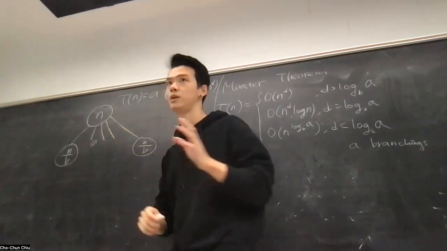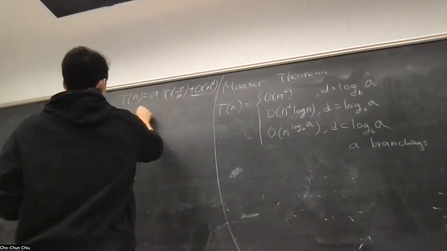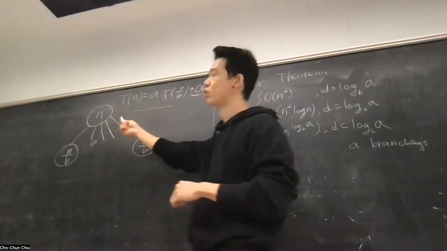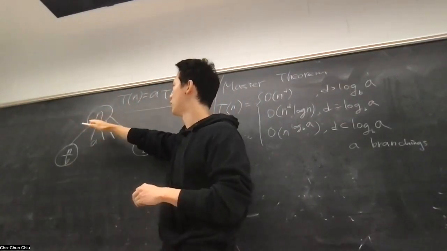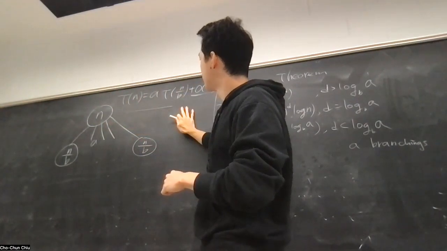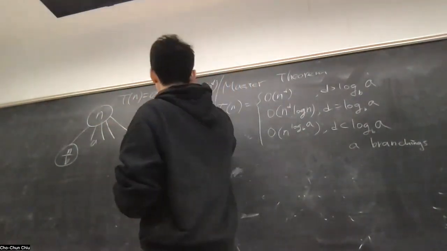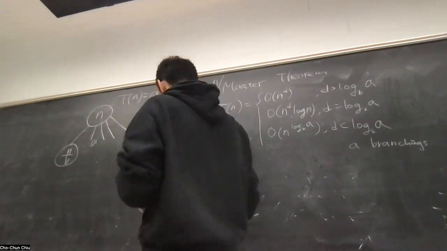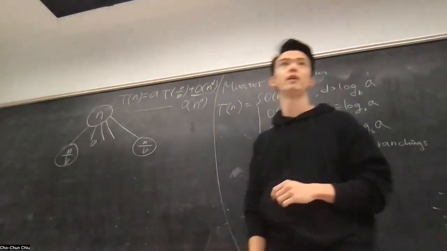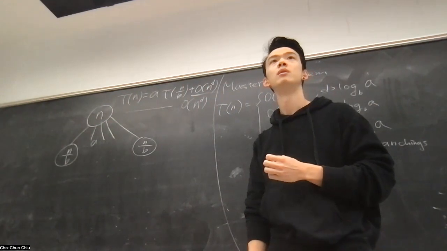Let's look at the work on each layer first. For the original layer, or the top layer, the root, what's the time complexity we still have? That's going to be this, right? Yeah. So what do a, b, n, and d represent?